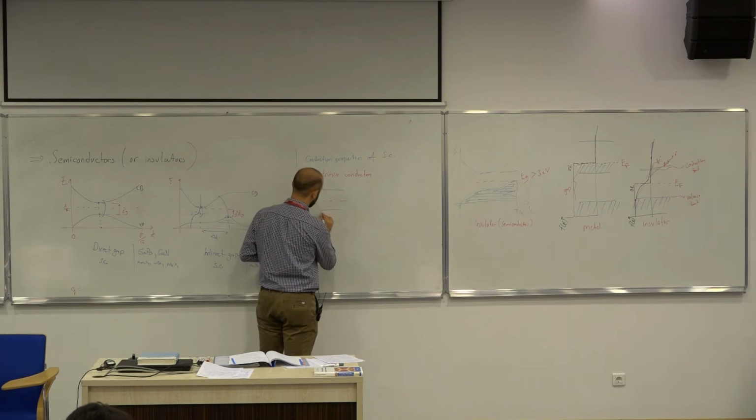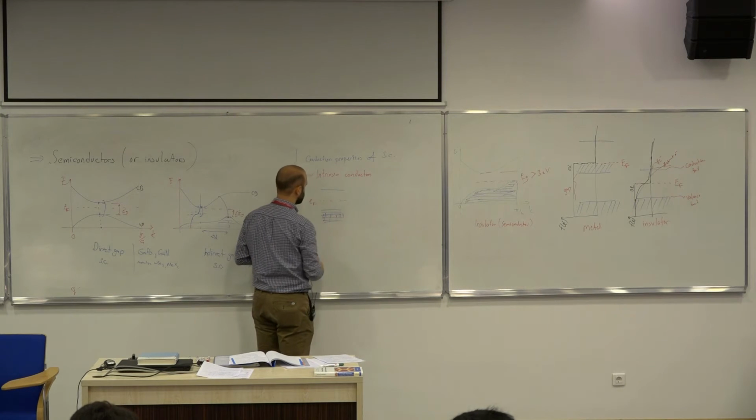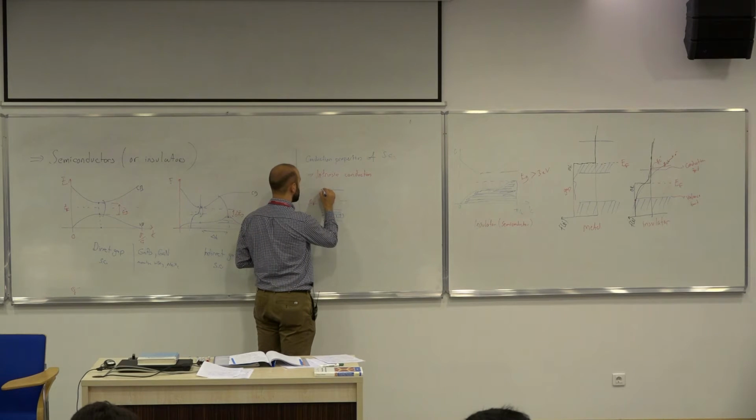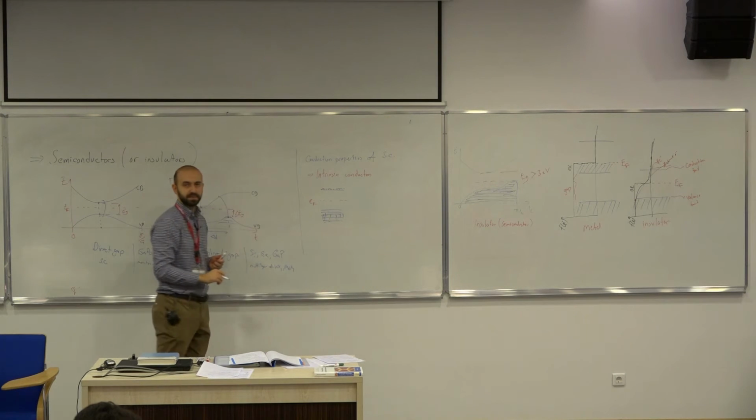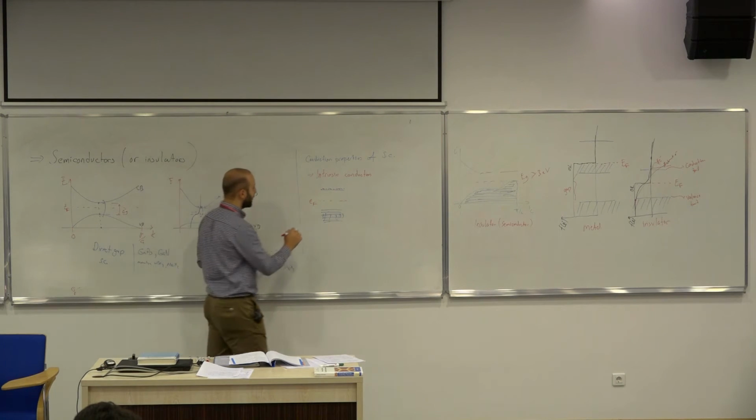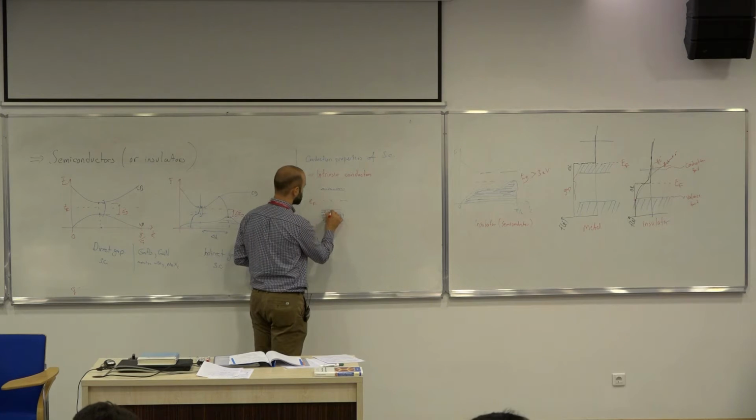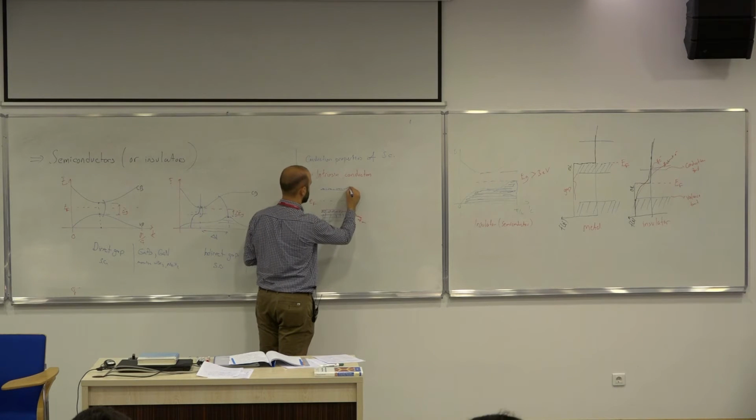And now I have electrons filled up here, and also I have some electrons in the conduction band. Okay, so I have absence of electrons, if you like, here. And there are electrons.